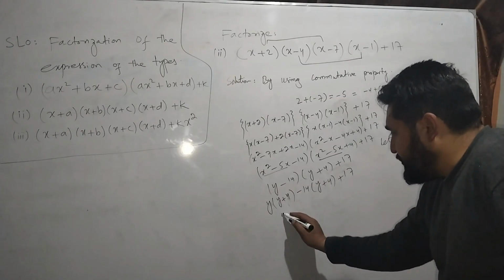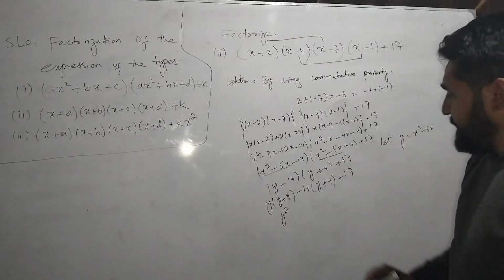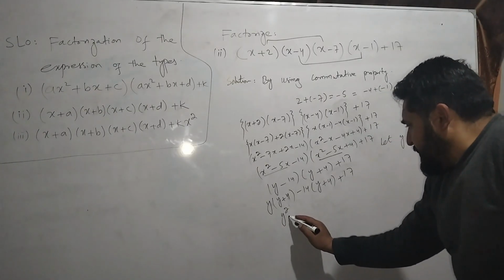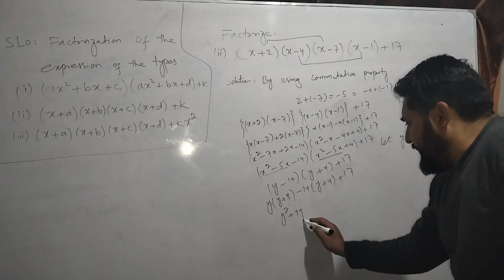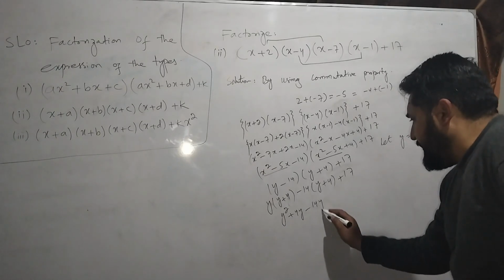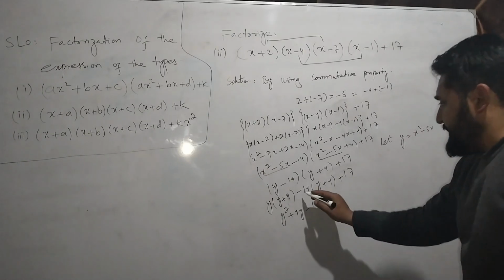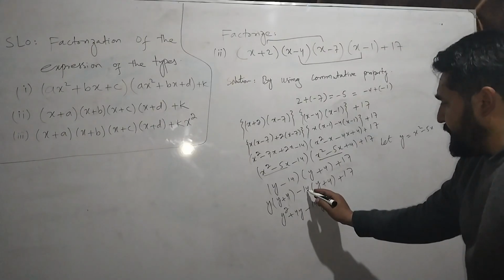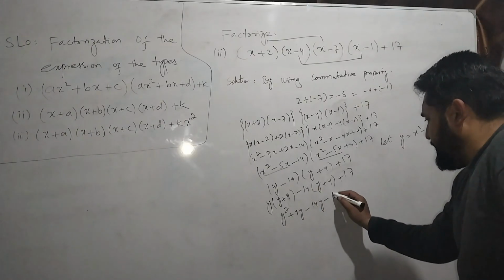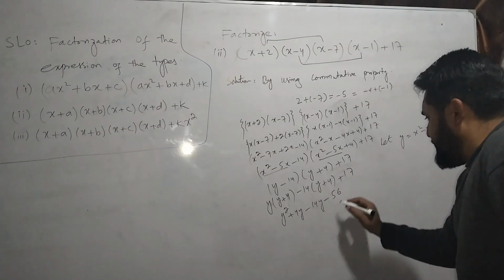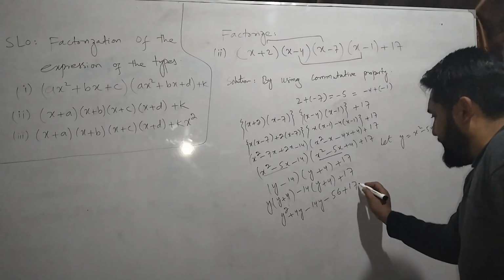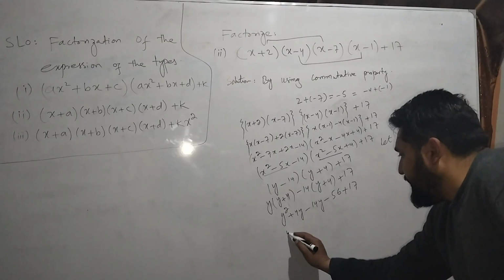Now just multiply these two. That is y square plus 4y minus 14y minus 56, 4 multiply 14 is 56, plus 17. Now just again simplify it.